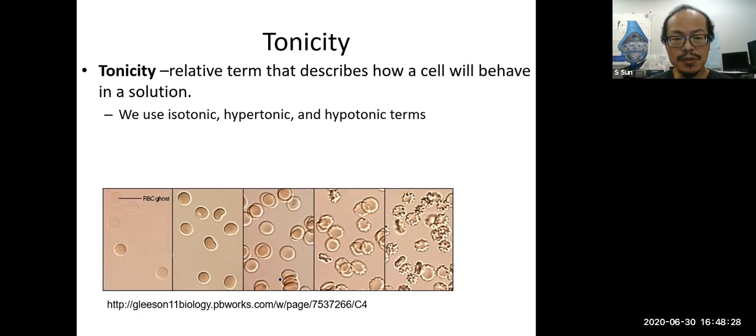If we put cells into a solution and the cells don't change their shape, then we call this solution an isotonic solution. It means that the net movement of the fluid is equivalent inside and outside.